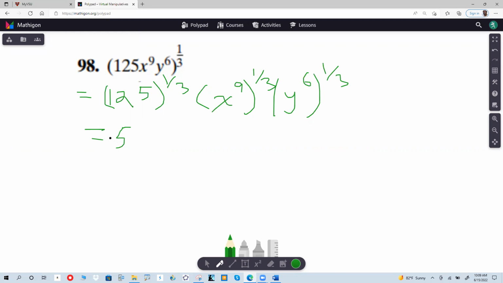The sign you put whenever the root is even will be either plus or minus depending on what's here. What's x to the power n times 1/3? Well, x to the power 9 times 1/3. When you have 2 powers, you multiply. And 9 times 1/3 is 3. So you write x to the power 3.